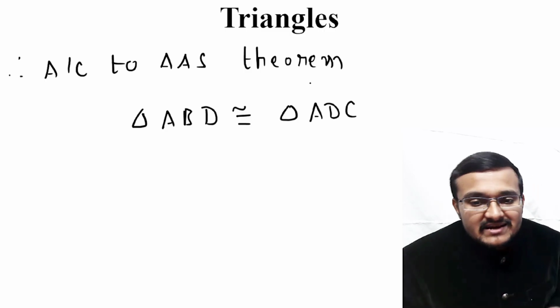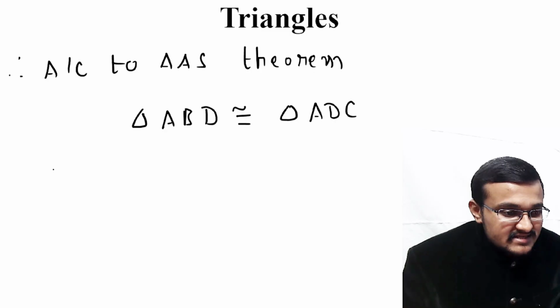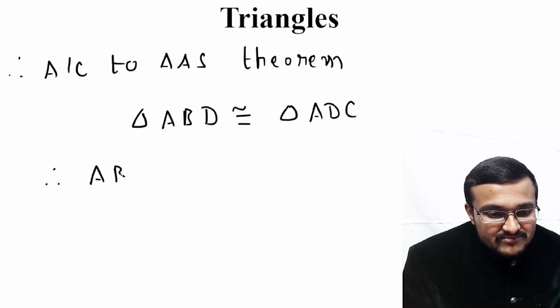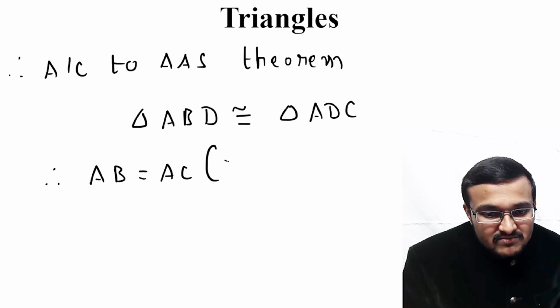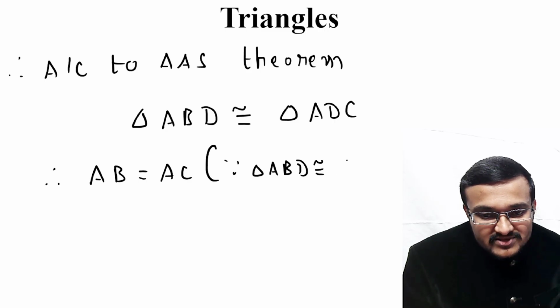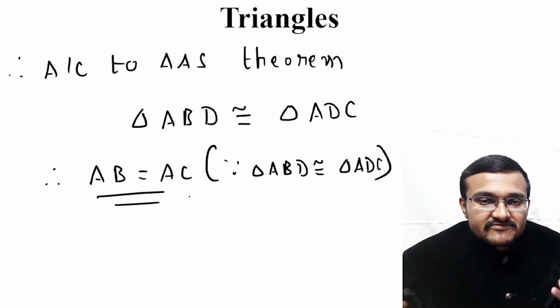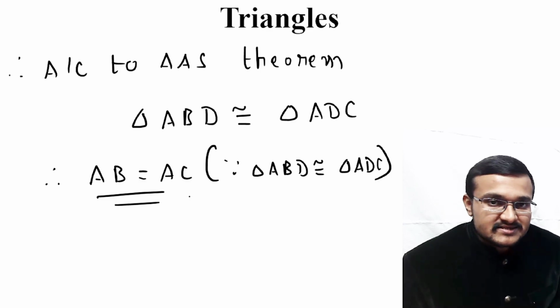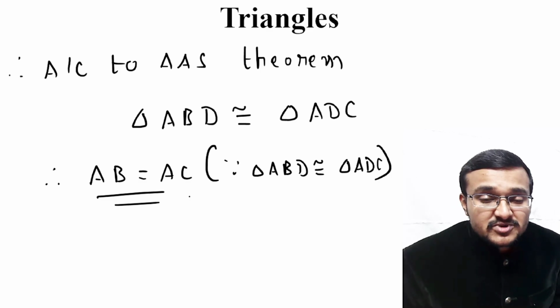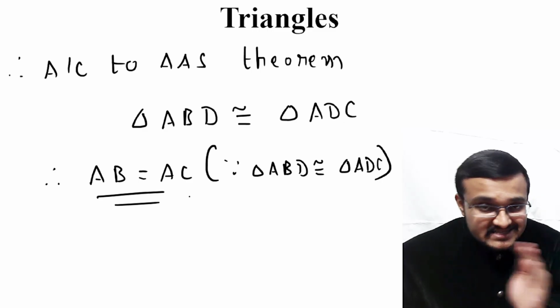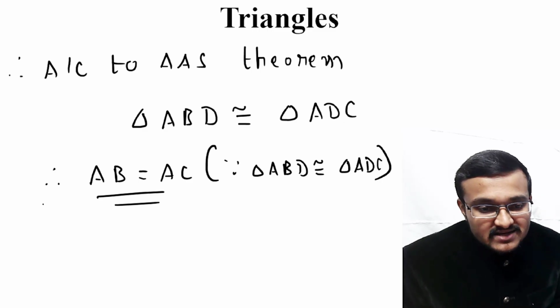Therefore AB is equal to AC, because triangle ABD is congruent with triangle ADC. So straight away we have proved AB is equal to AC. And they have also asked us to prove that the total triangle, that is triangle ABC, is an isosceles triangle.